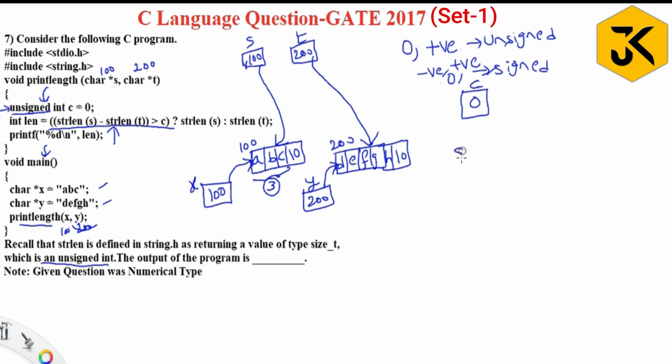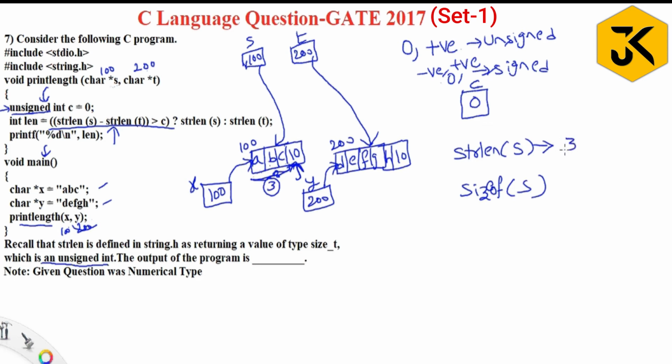Guys, you need to observe the difference between the string length function and the sizeof operator. The string length function scans the string until it encounters a null character, and it counts all the characters before it. It starts traversing and counts until it encounters the null character, so 1 2 3.